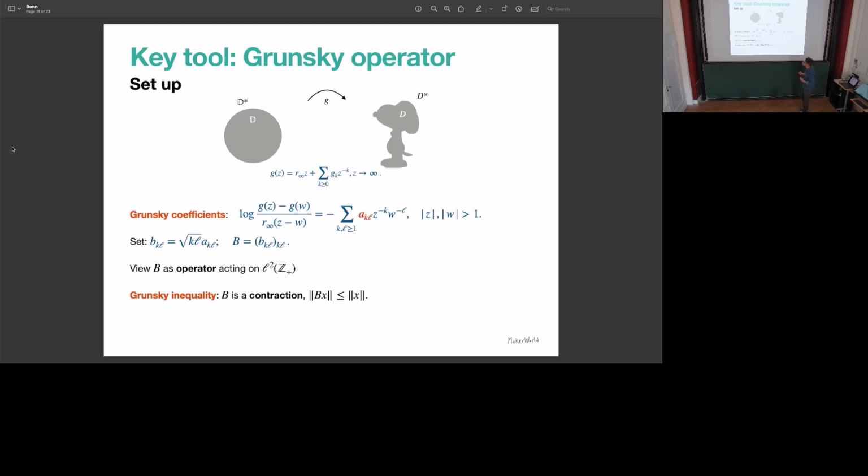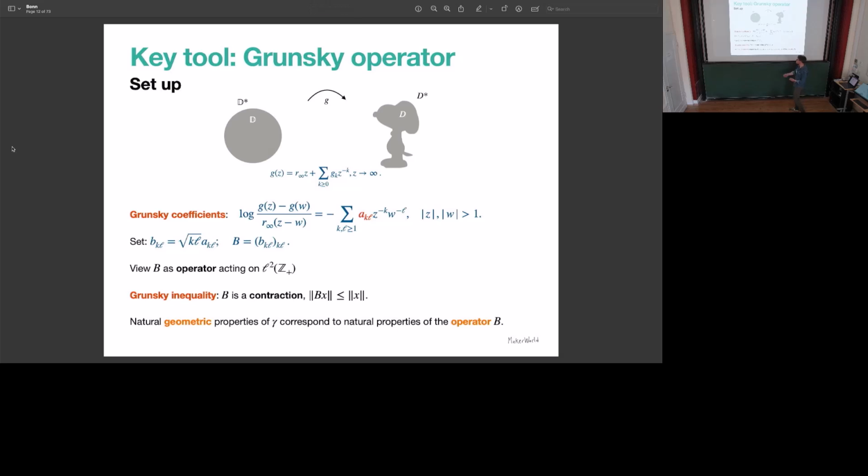But what we still find remarkable, after thinking about these problems for a couple of years, is that even though it is a clear fact that you can read off anything you like from B, it's maybe not so easy to extract it. Even if you know all the coefficients of a conformal map, it's not so easy to deduce properties of your domain just knowing the coefficients.